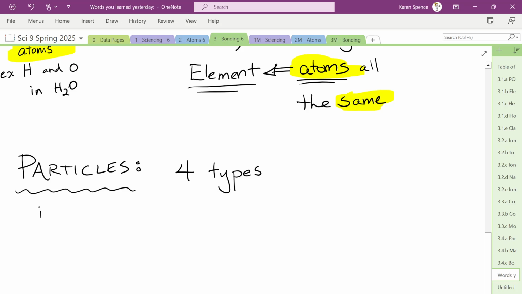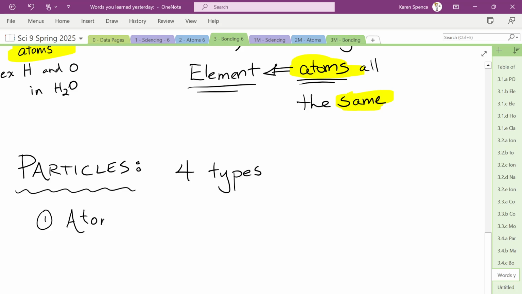What's one type of particle? Yes. Yeah, an atomic particle. So we're just going to call that an atom.